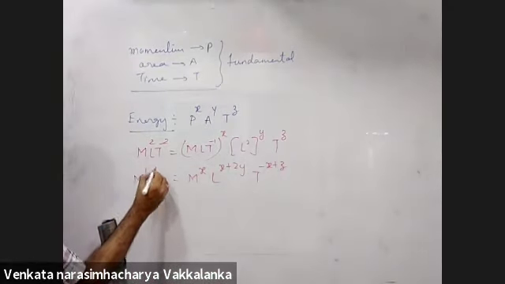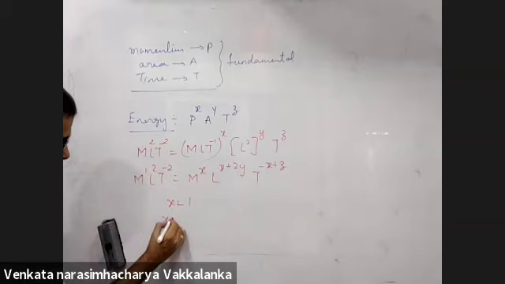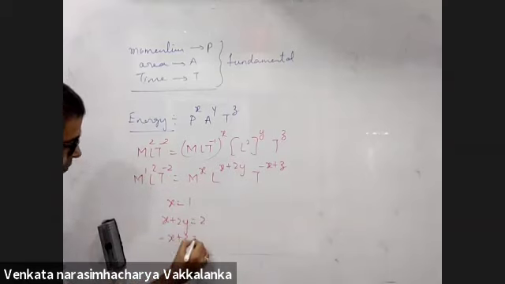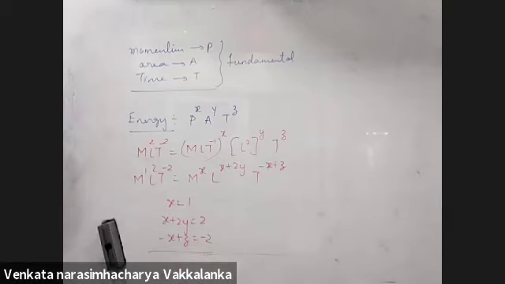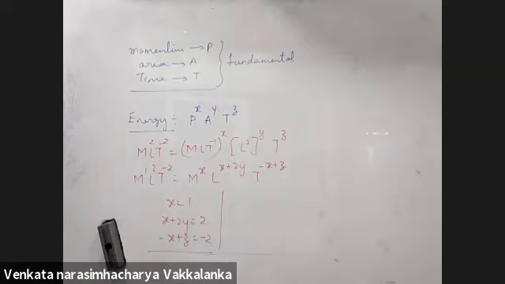M to the power 1, L to the power 2, T to the power minus 2. So x is 1. x plus 2y is equal to 2. Minus x plus z is minus 2. Solve for x, y and z. That's your answer.